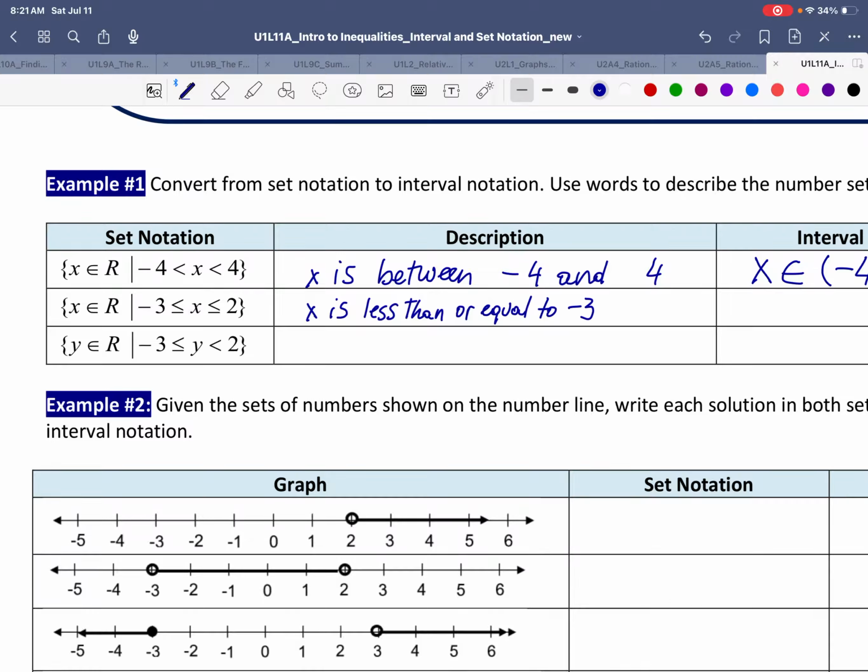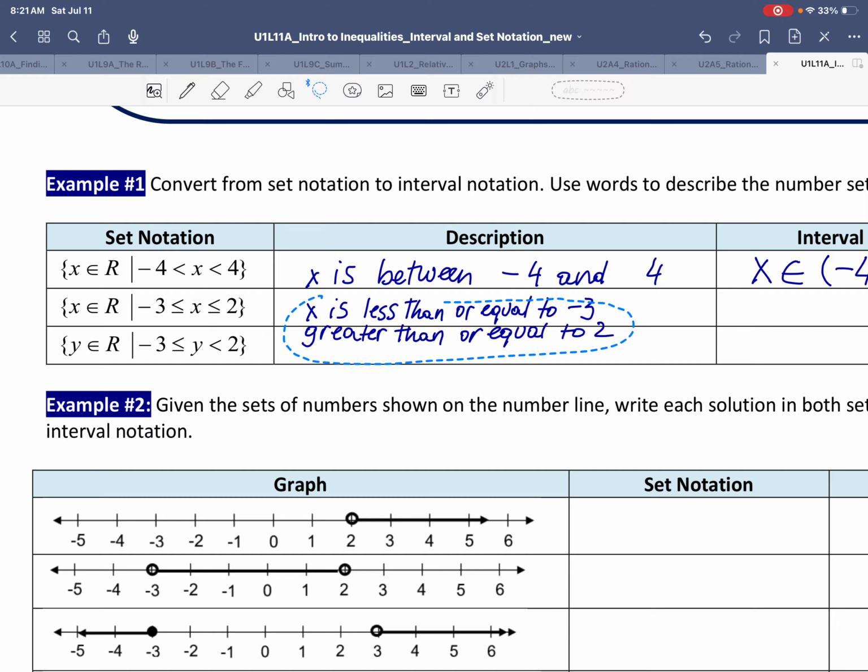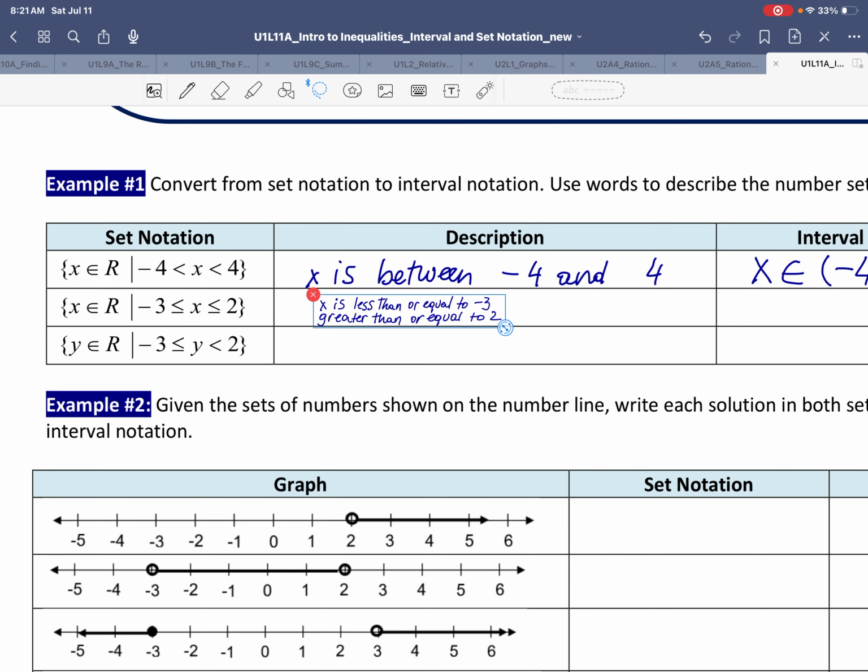Or in other words, we can simply say x is between -3 and 2 with -3 and 2 included. Let me just resize this.